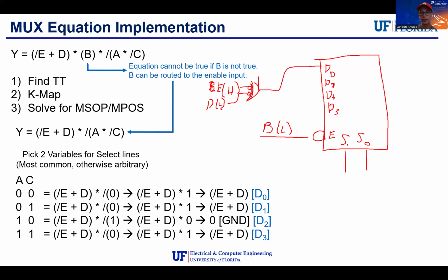And we'll feed this into D0, D1, and D3, and then D2 will connect to ground. So this is essentially how you would implement something like this, and you'll have Y in your outputs. So something like that for the MUX implementation.